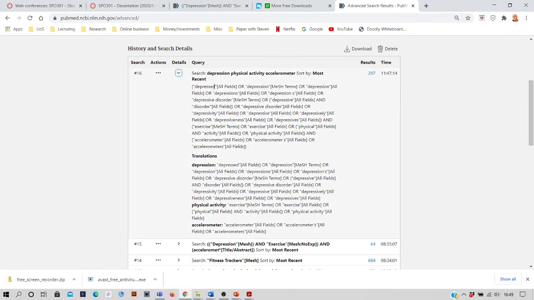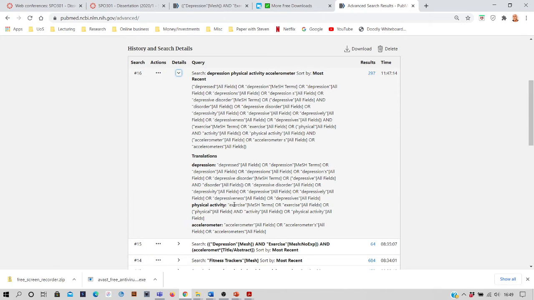On top of that, it's taken the word depression and come up with a load of derivatives that, again, I'm not interested in. I know which studies I'm looking for, and I know that depression is the key word that will feature most heavily.